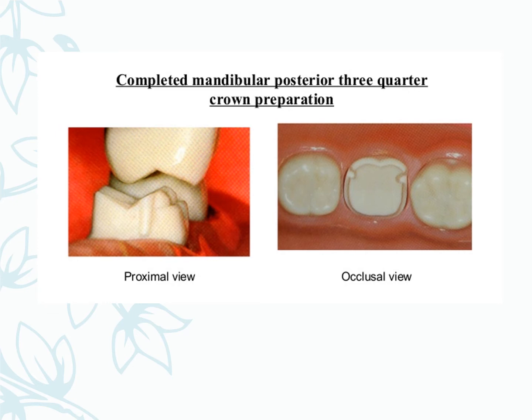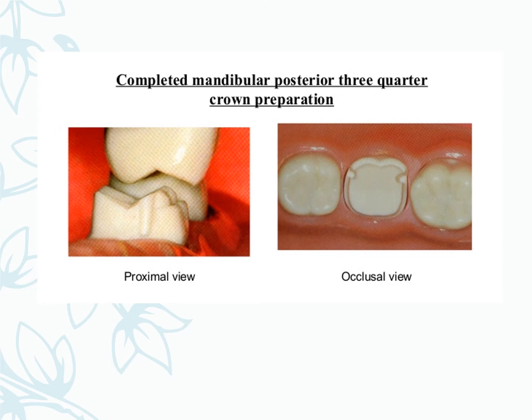So what is a 3/4 crown? If you look at the picture, that is how the preparation looks. It mainly derives its name from the number of axial walls that are involved. In the picture, as you notice, you have your buccal, your lingual, and the mesial and distal proximal walls, right?